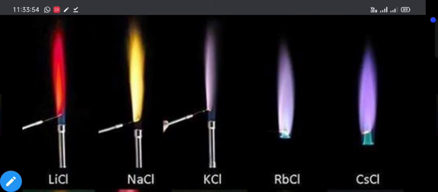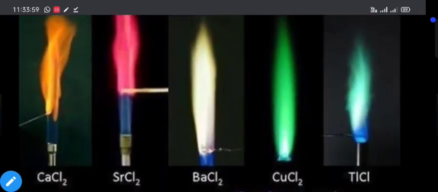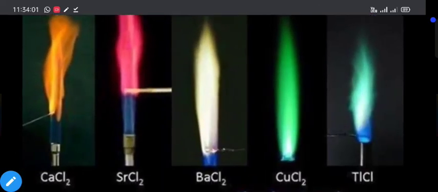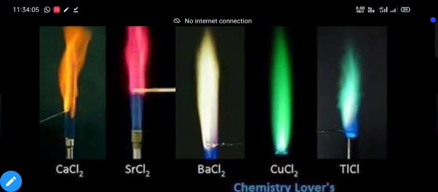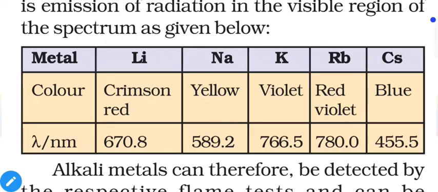Some other metals also give these colors, and their examples are mentioned below. Calcium and other compounds of the second group and certain d-block elements also give these colors. And because of that, one of the inorganic qualitative analysis tests is known as the flame test, and we can identify metals because of this property.